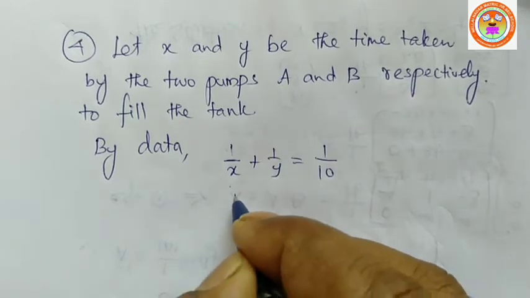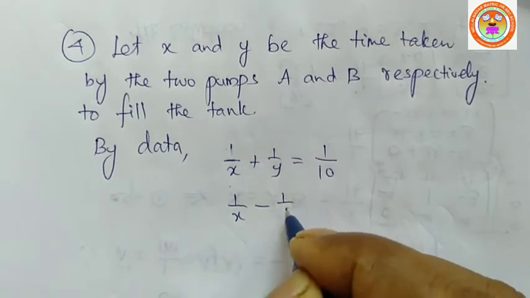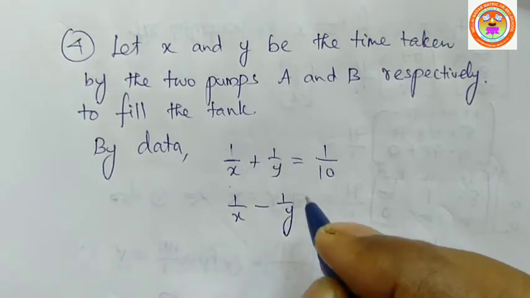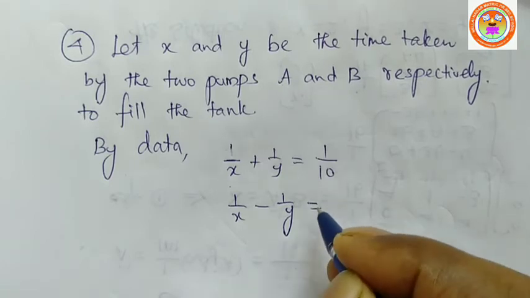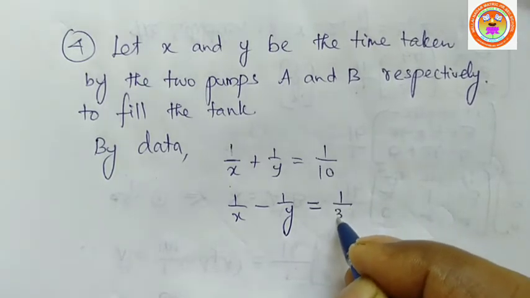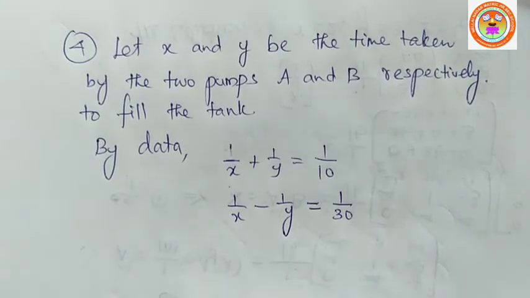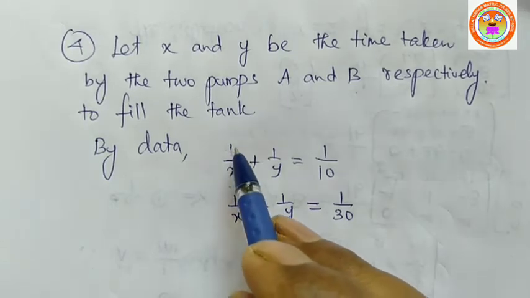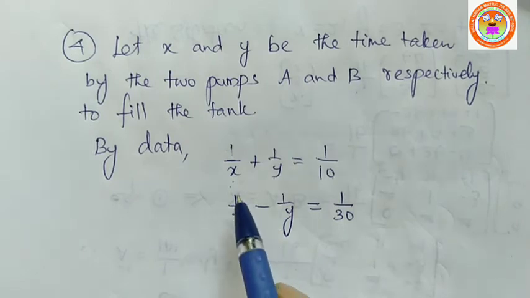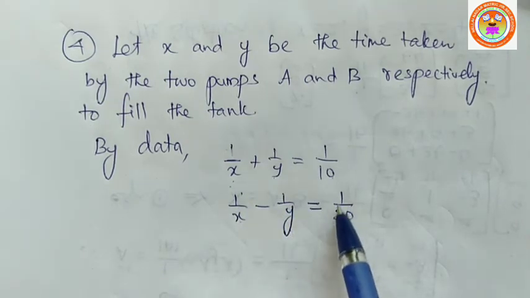So 1 by x minus 1 by y, minus because it is emptying the tank, is equal to 1 by 30, since with both pumps open the tank will be filled in 30 minutes. So the first equation is 1 by x plus 1 by y is equal to 1 by 10. The second equation is 1 by x minus 1 by y is equal to 1 by 30.